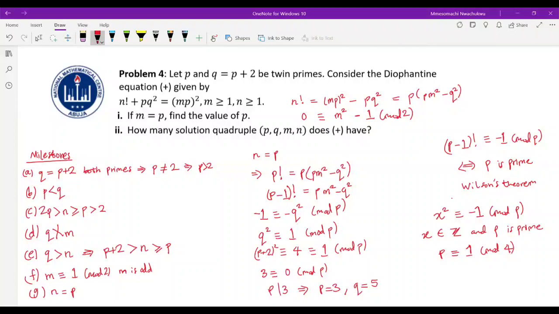So now we just solve for m. So we have 3 factorial, which is going to be 6, is going to be equal to 3 into 3m squared minus 25. And so what do we have?